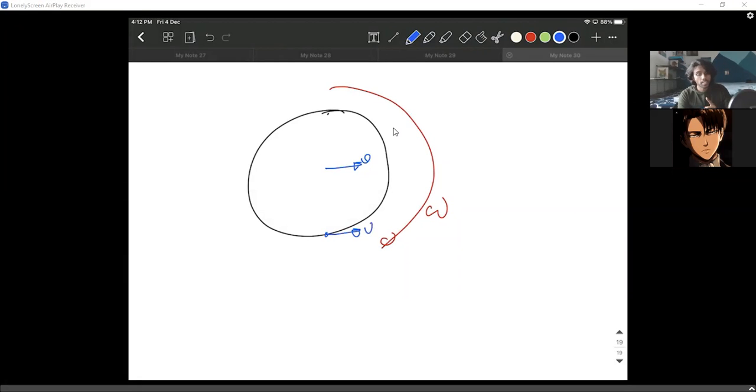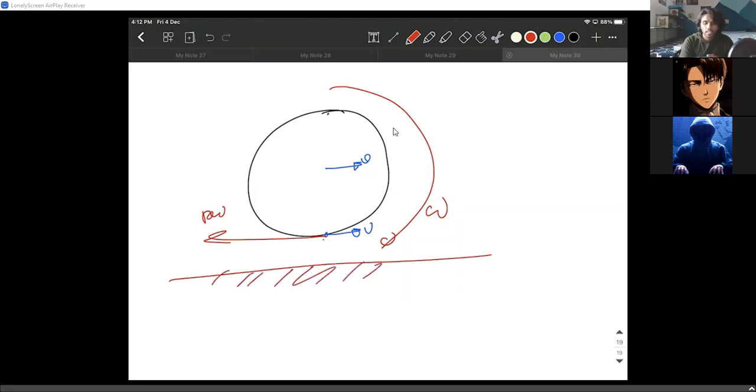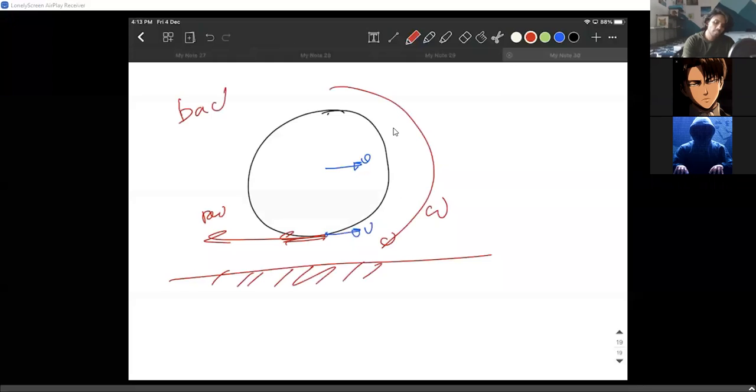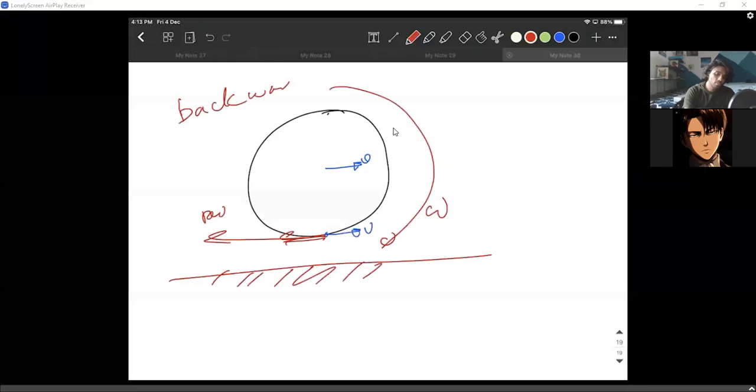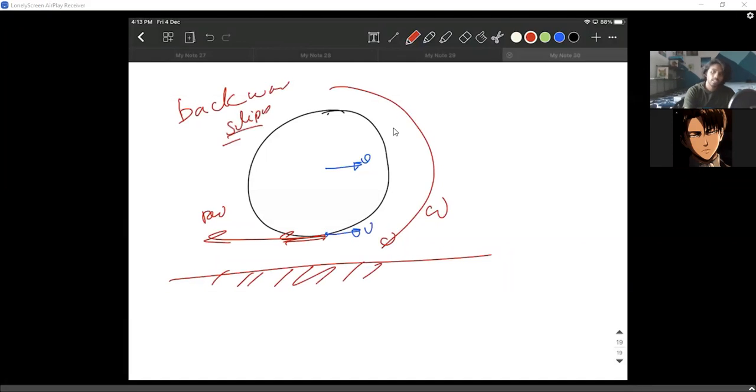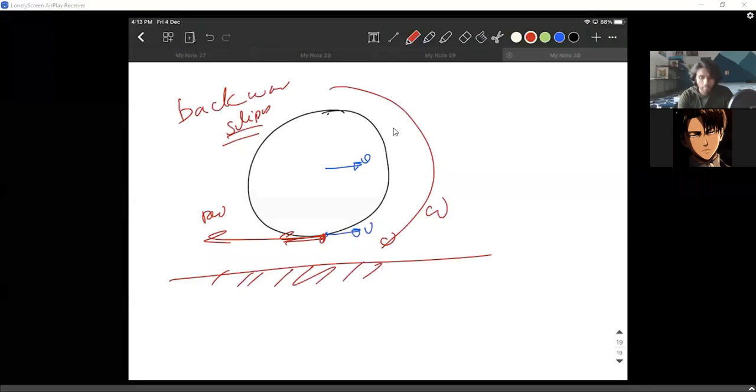Please try to observe that. But the bottommost point has a velocity relative to the ground in the backward direction. So this is called backward slipping. In this case, the friction will act forward.